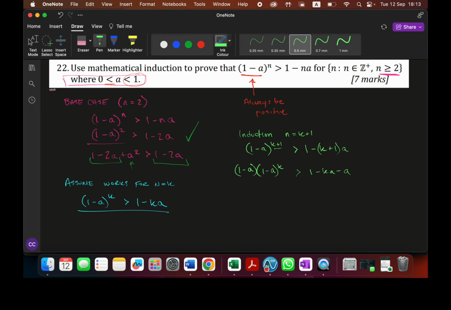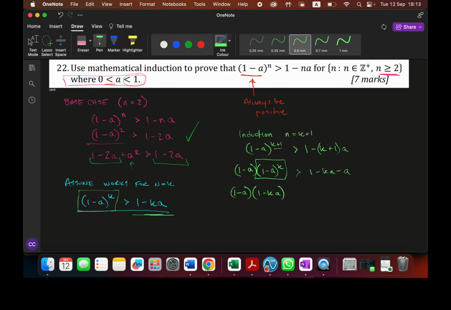So if that is what I have, I am looking for this right here, because that is the exact same as that. So that tells me that I can do (1 - a) times (1 - ka), right?